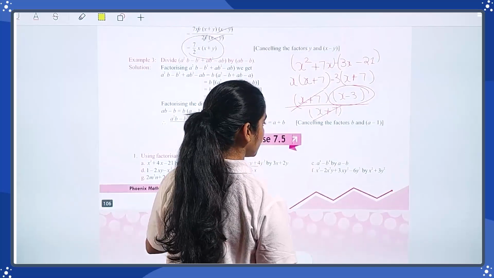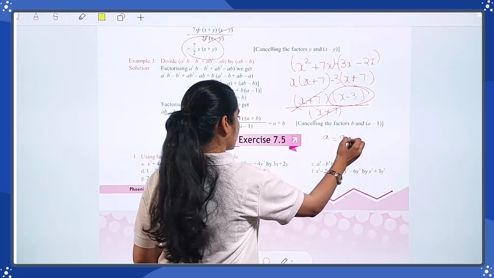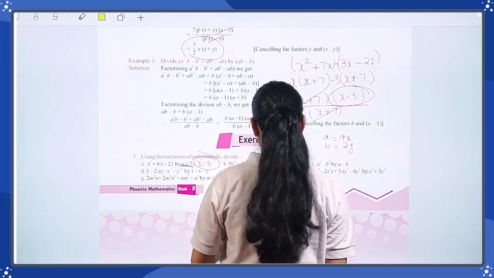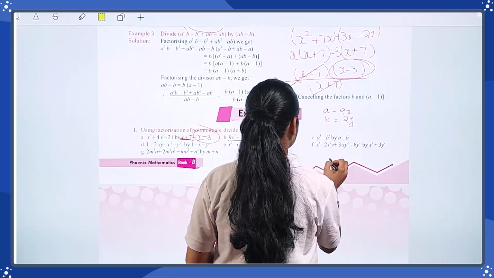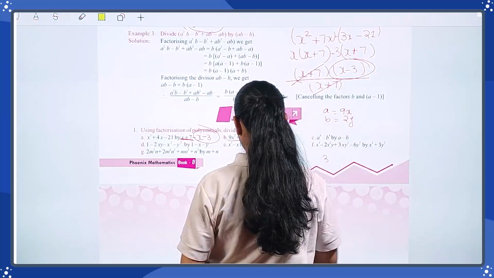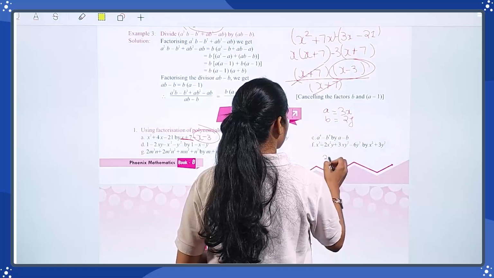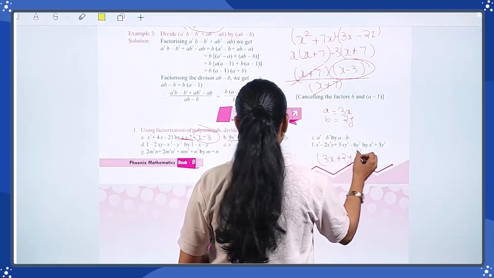In this case, now you have to apply your identity, which is a square plus b square plus 2ab. So your a is 3x, your b is 2y. Now I have to apply this one. So I'll get 3x plus 2y whole square.